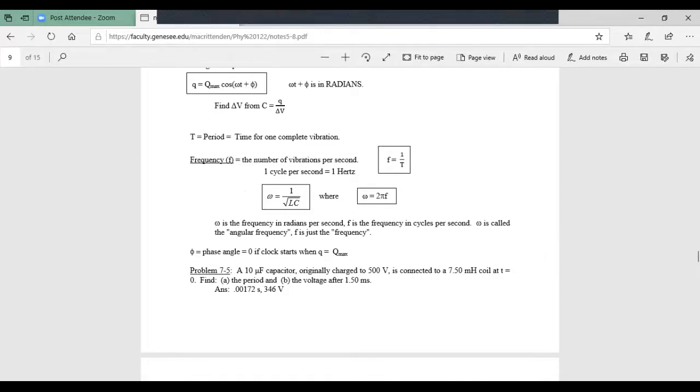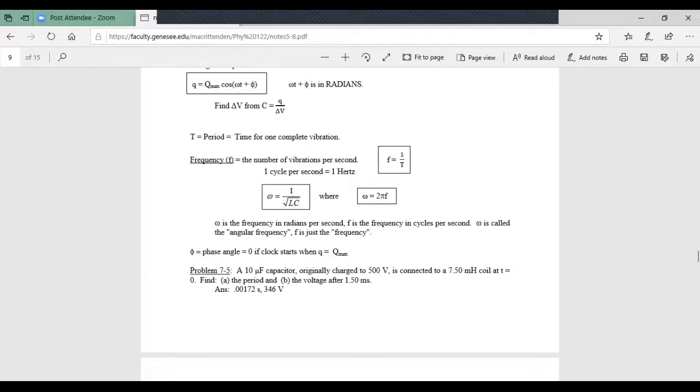You're told L and C, so you can get omega, the so-called angular frequency, the frequency in radians per second. From omega, you can get F. From F, you can get the period. So that's kind of the plan of attack for part A. You get the period, and then for the voltage after a certain amount of time, this up here will give you the charge after a certain amount of time.